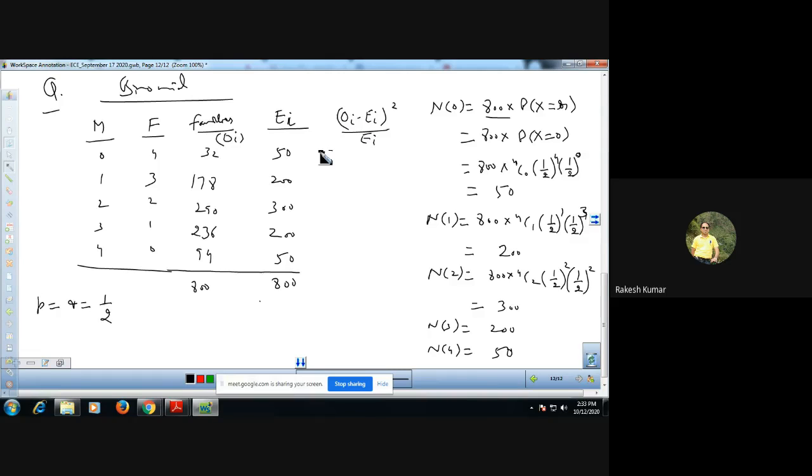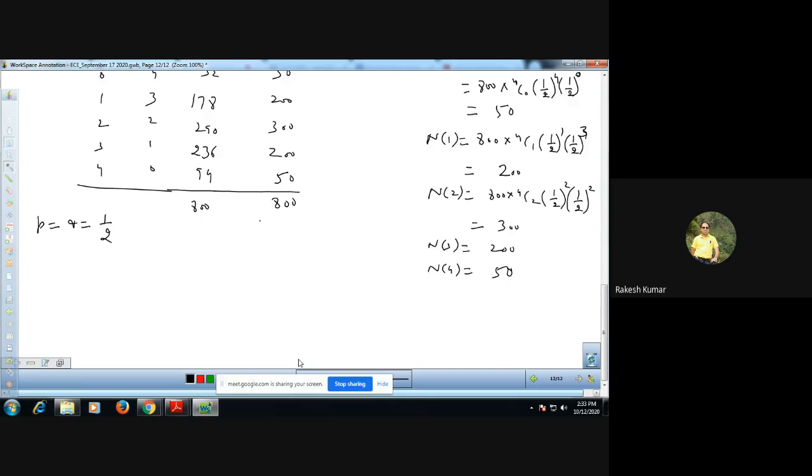So this is the procedure to compute the chi-square, and chi-square is the sum total of (OI minus EI) whole square divided by EI. You can compute, and it comes out to 454.433.